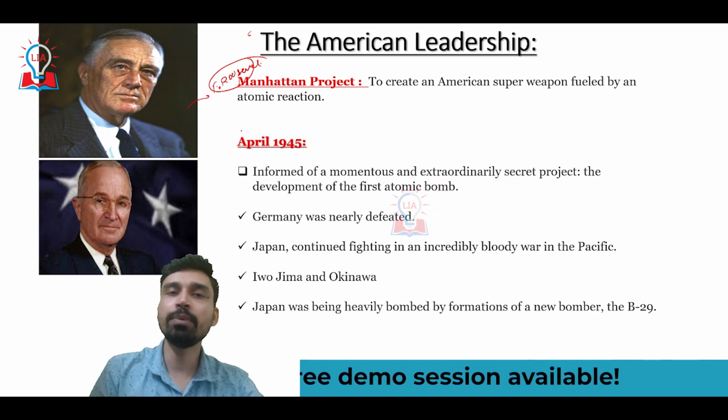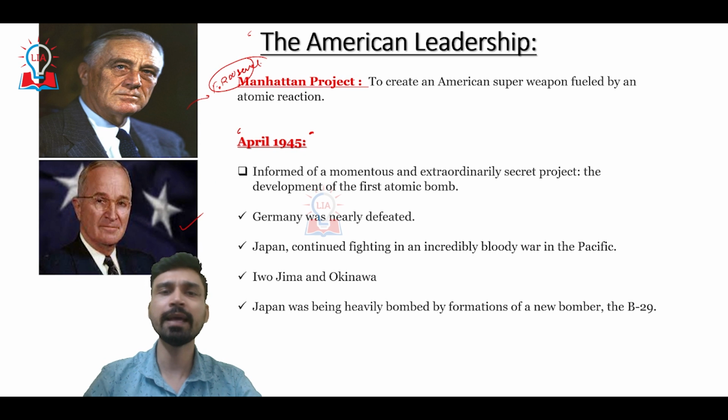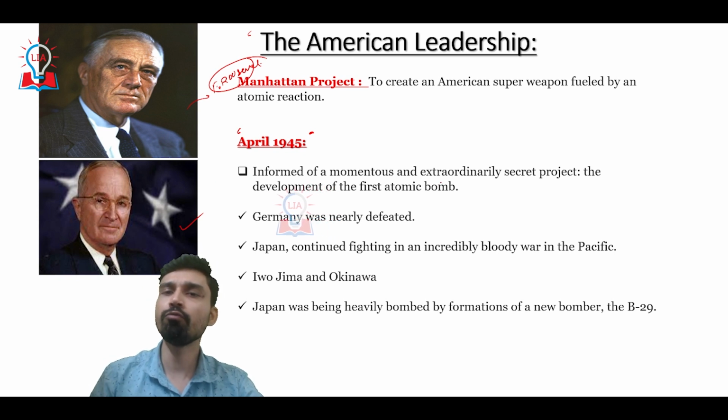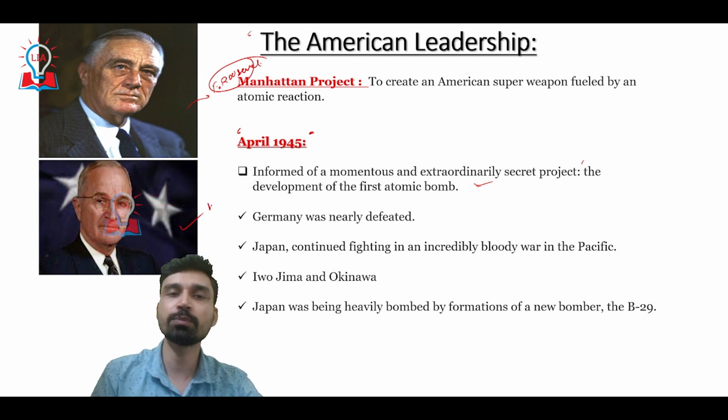Thus, in April 1945, when his successor came into power after Franklin Roosevelt, he was informed of this momentous and extraordinarily secret project, the Manhattan Project, where the attempt was being made to develop the first atomic bomb. It was Harry Truman who was the next president.